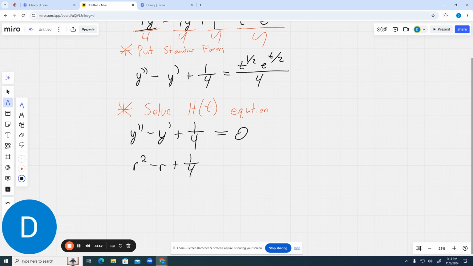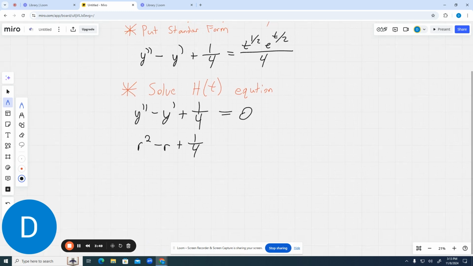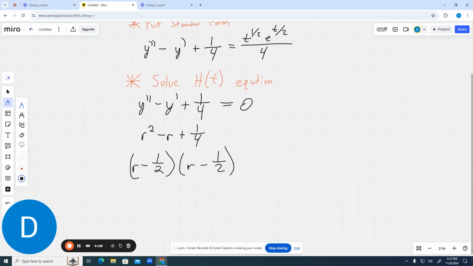And if you were to factor this, it would simplify to r minus 1/2 times r minus 1/2, because negative 1/2 times negative 1/2 is positive 1/4. So what we end up having is r equals 1/2 with a multiplicity of 2.